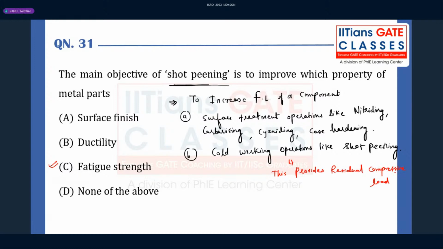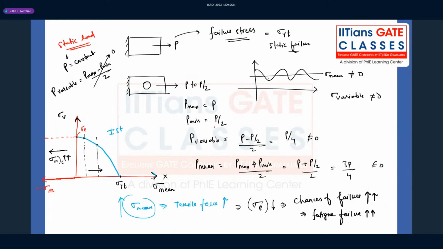By any chance, see, the mean tensile force, let's say you have a value of plus 30. If you have introduced any compressive load in a component, compressive stress will be developed, let's say it is minus 5. So automatically you are reducing 30 to 25, right?